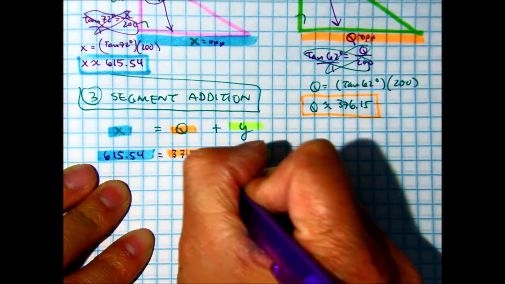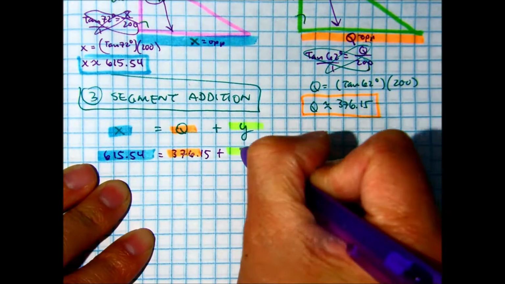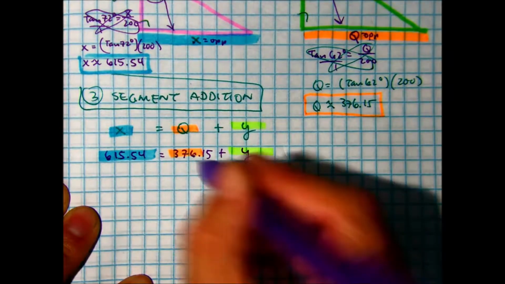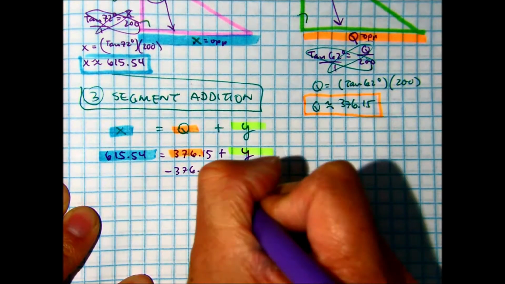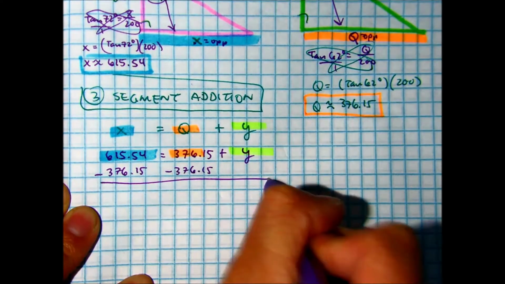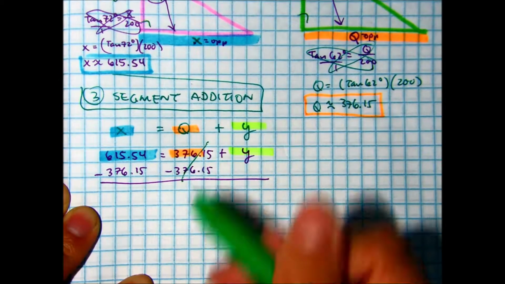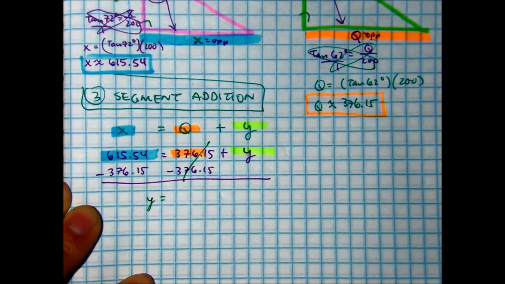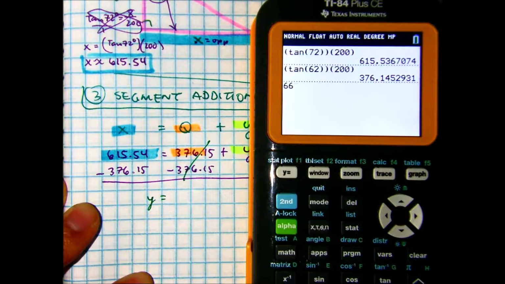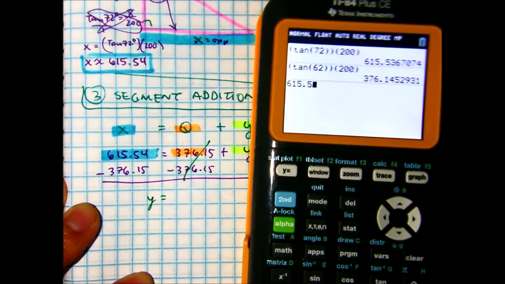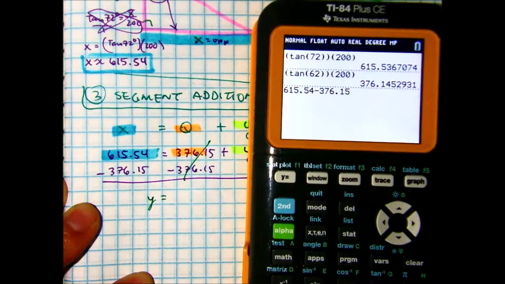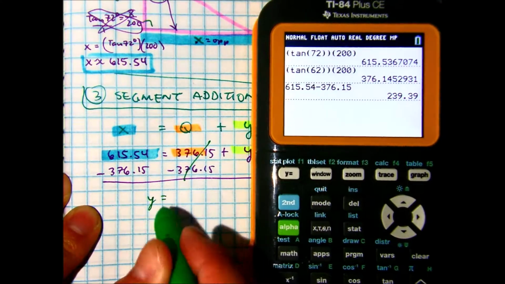Class, solve for Y. All I have to do is subtract. If you subtract the two values, and I round to the nearest tenth, you get what? And our units are feet.